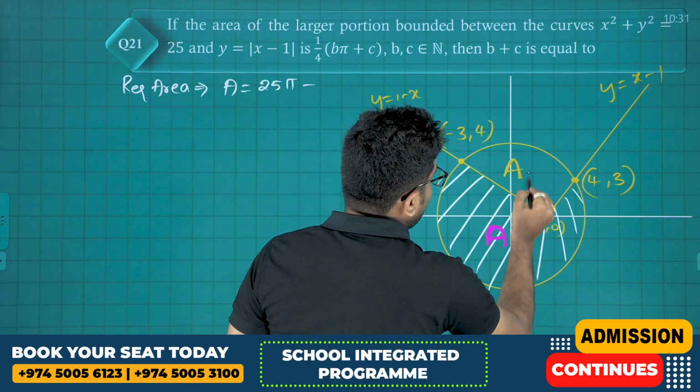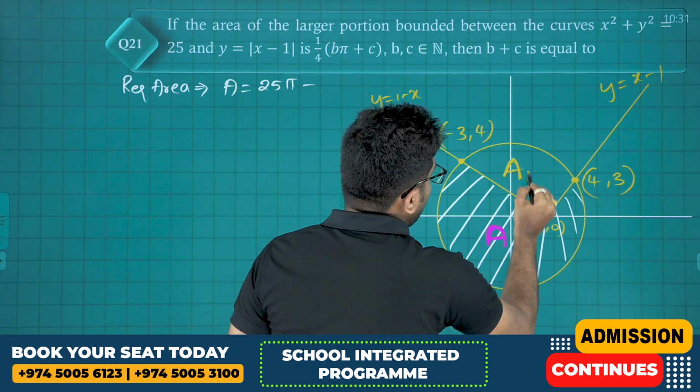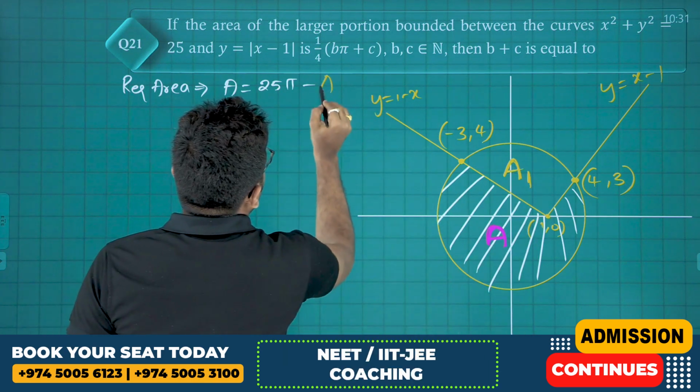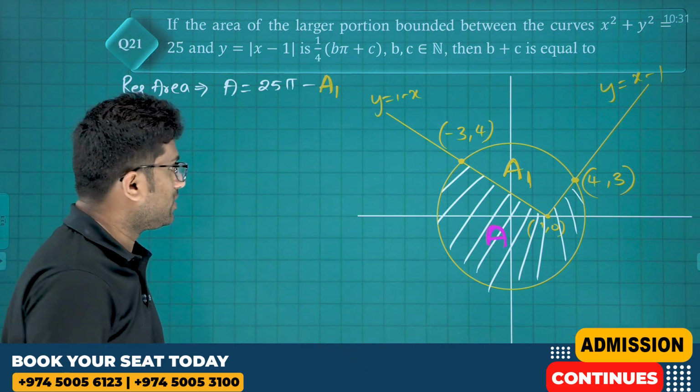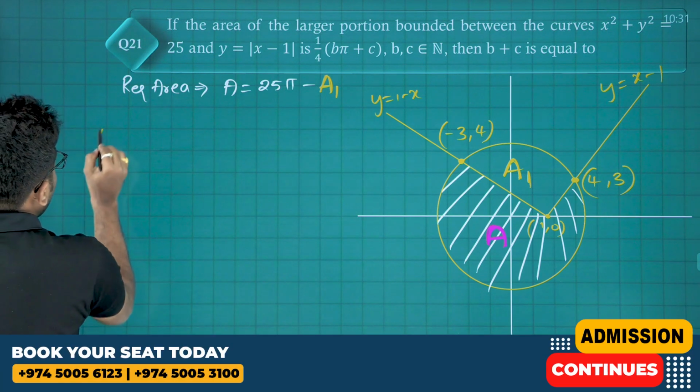This part is some A1. So A equals 25 pi minus A1, friends. First, it's easy to find A1.